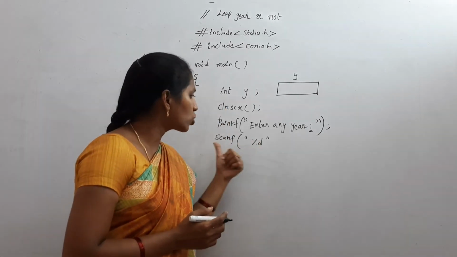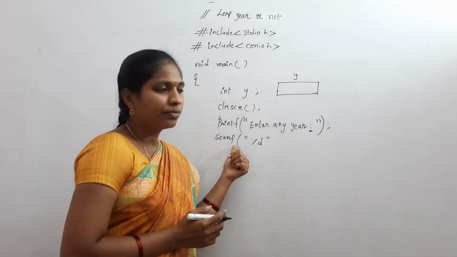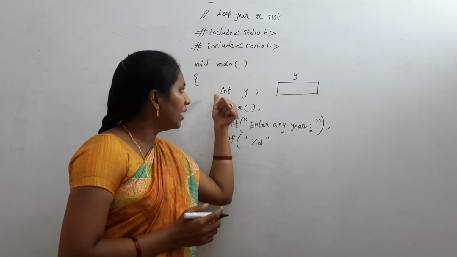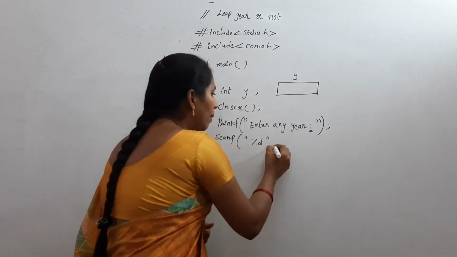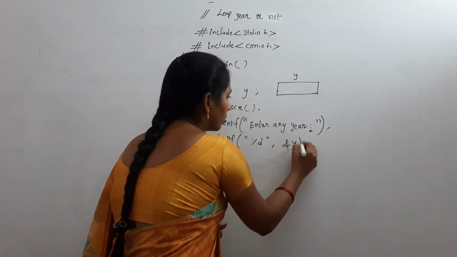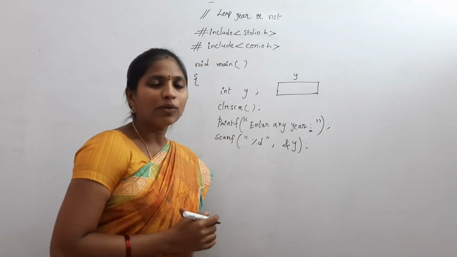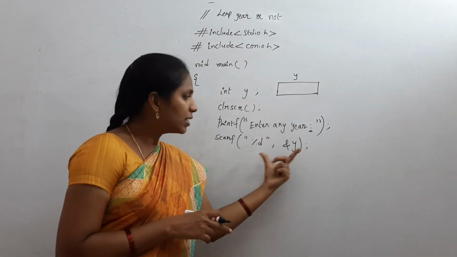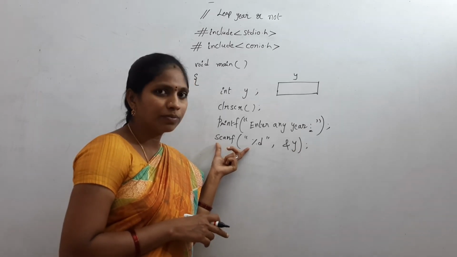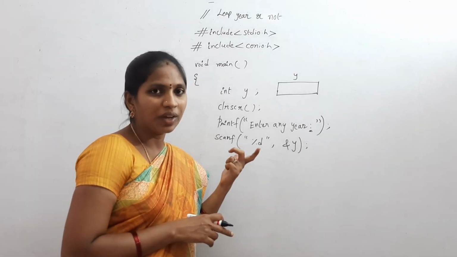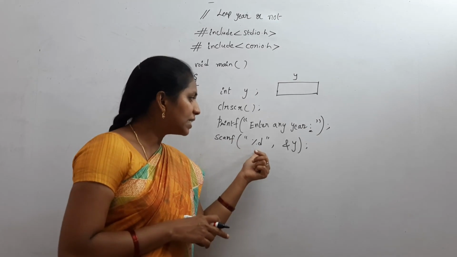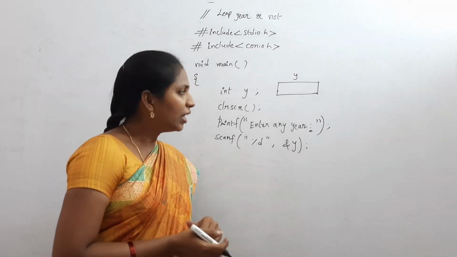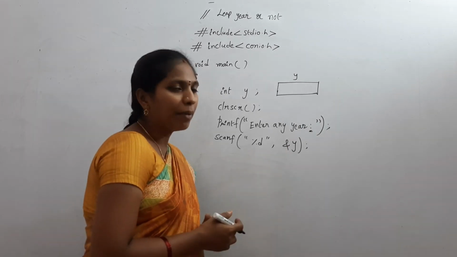This is the syntax of scanf. %d is the format specifier of the integer data type, comma, address of y. I want to place the given year in the address of the variable y. I think all of you already know this very well. Scanf %d, comma, address of y. The given year is placed in this memory location.